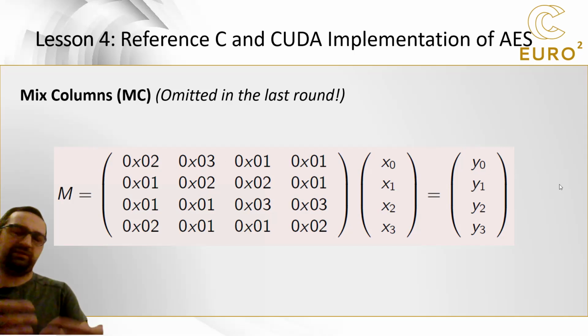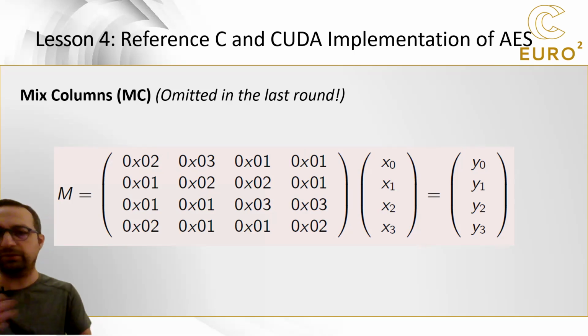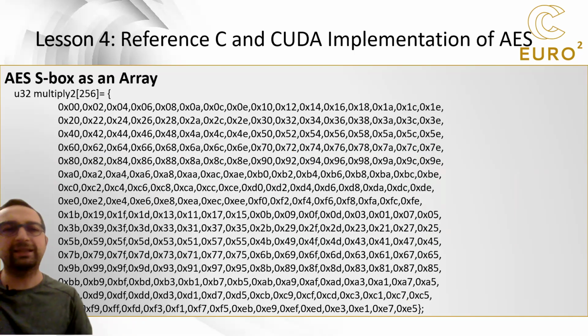So you can either implement Galois field operations, do the polynomial multiplication, then do the polynomial reduction. But the thing is, for instance, if I multiply 2 with the value x0, x0 is just a byte, so it can take 256 values. So I can simply pre-calculate multiplication by 2 of every byte value, also multiplication by 3 of every byte value, and keep it in a table like shown here. So this is multiplied by 2.